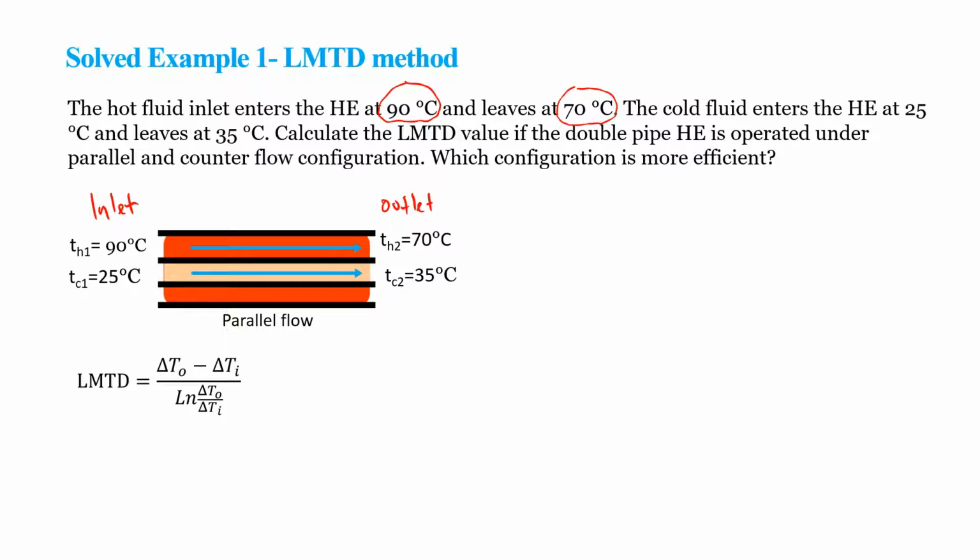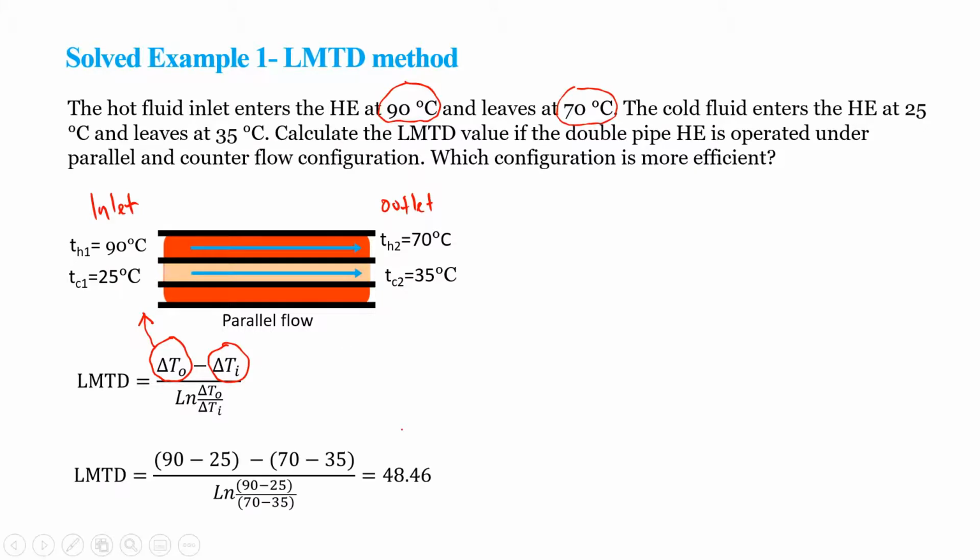So LMTD uses delta TO, where the O here is always to the hot side, the inlet of the hot fluid. Conversely, the TI here is always the outlet of the hot fluid.